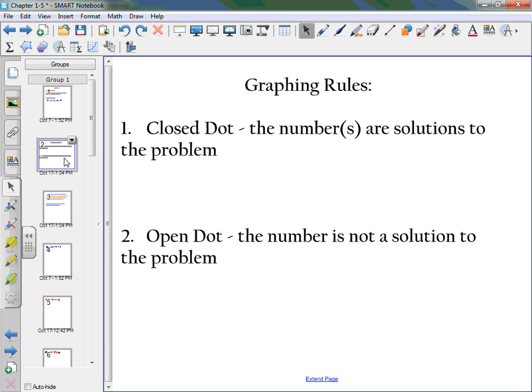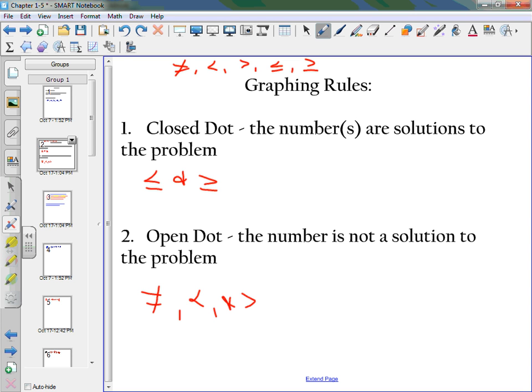What symbols would I use for closed dot, meaning it's allowed to be that value? Less than or equal to and greater than or equal to symbols go here. Does that make sense? Which means the open dot goes for what? Not equal to, less than, and strictly greater than.